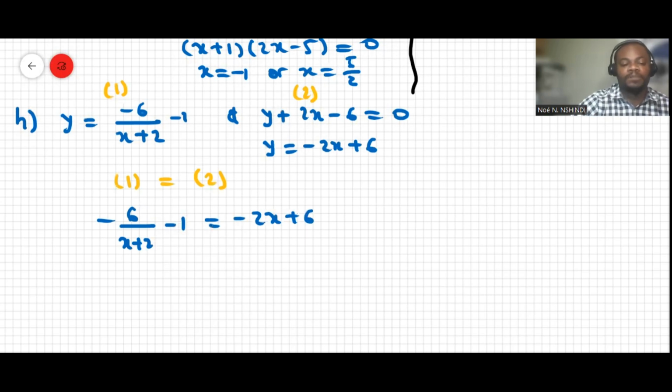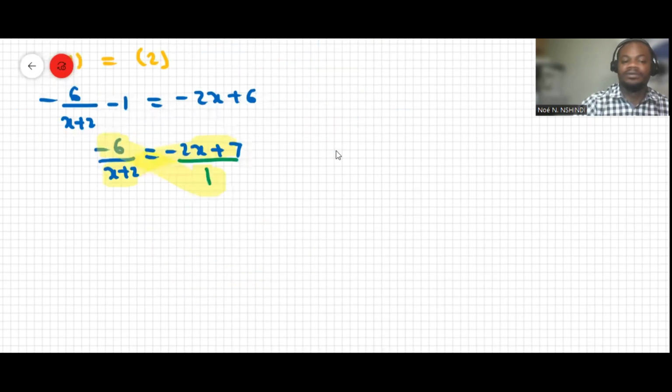So I can move the -1 over. That makes -6 over x plus 2 equal to -2x plus 7. There's an invisible 1 there, so we can do cross multiplication. And then this will be x plus 2 times -2x plus 7 equal to -6.